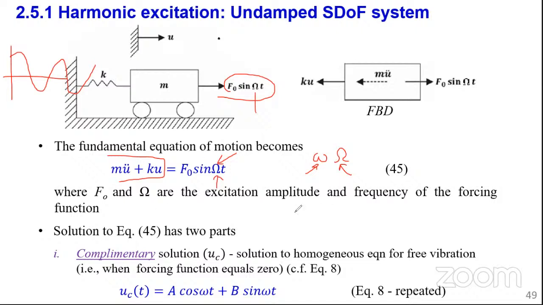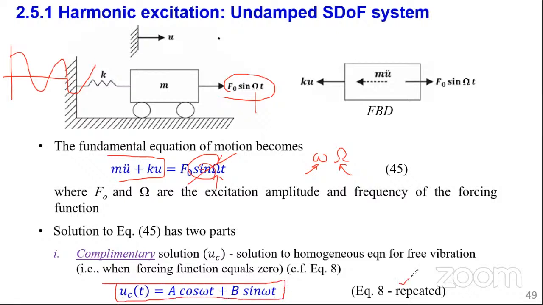So this equation 45 has got two parts. Now you have refreshed your ODE. You have the complementary solution. The complementary will be when our equation is homogeneous. If we assume this component to be equal to 0, then we are going to get the complementary solution, which we obtained for free and damped vibration.